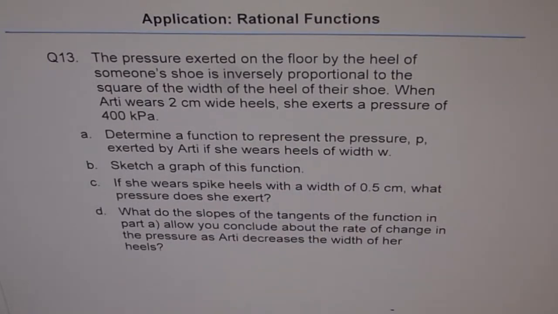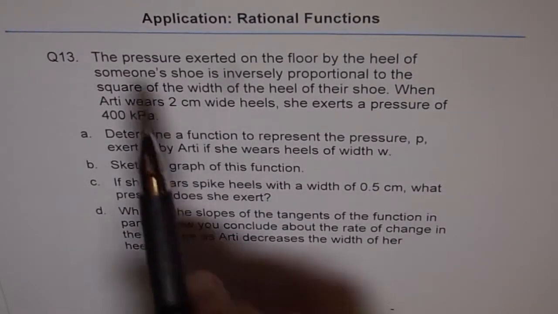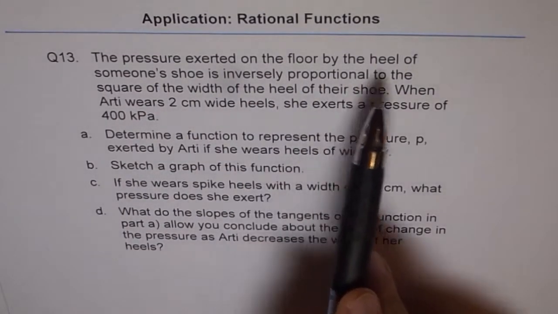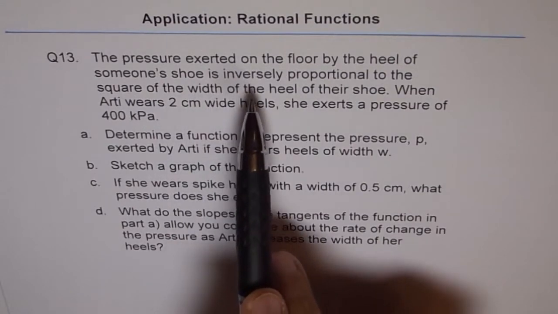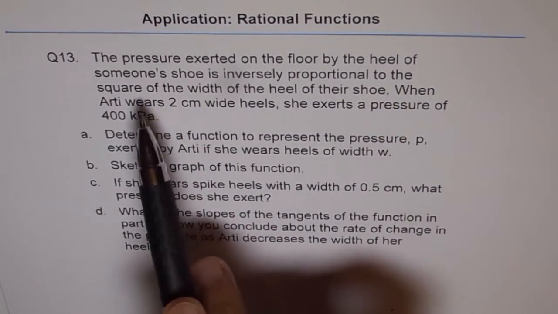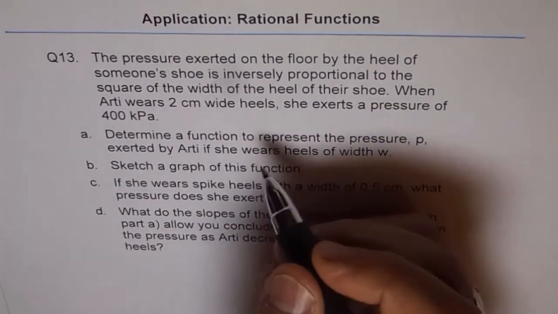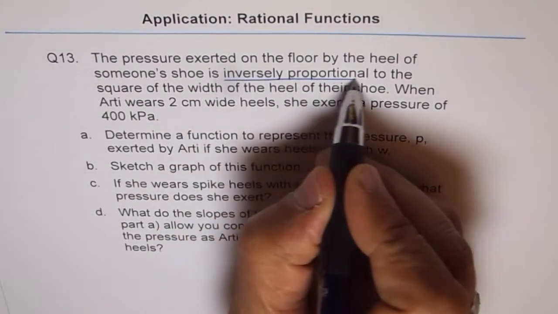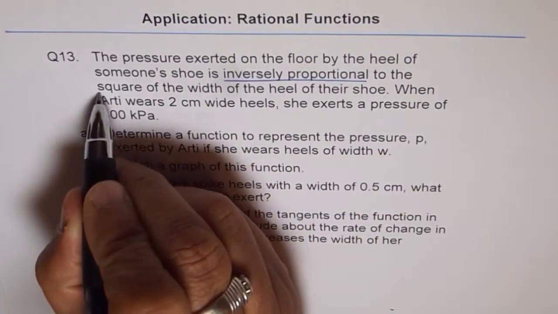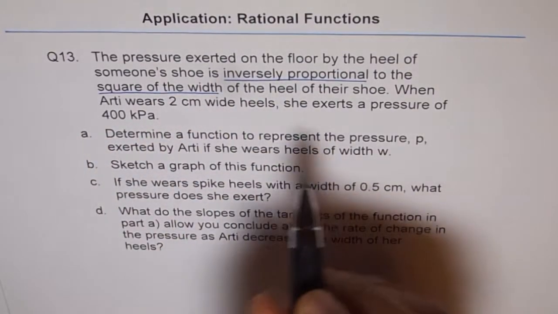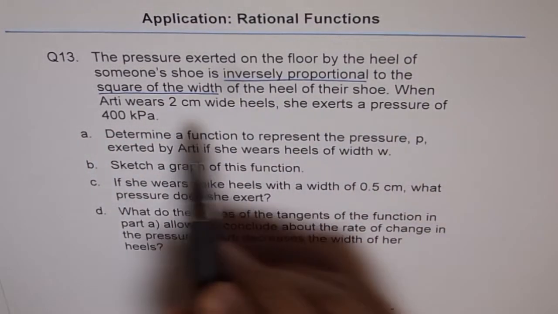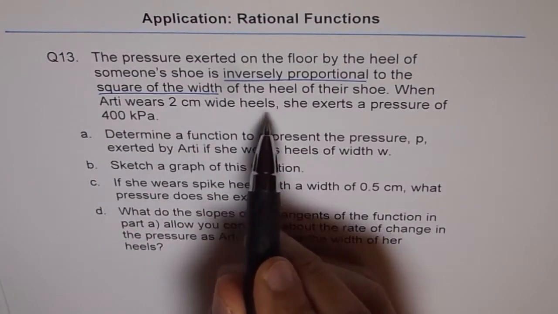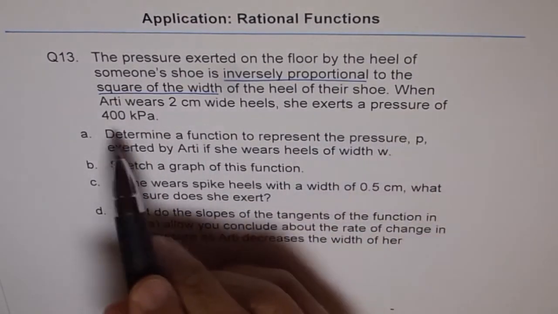Now, let's read the problem once again. The pressure exerted on the floor by the heels of someone's shoe is inversely proportional to the square of the width. So, the keywords here are inversely proportional to the square of the width. When Aarti wears 2 cm wide heels, she exerts a pressure of 400 kPa.